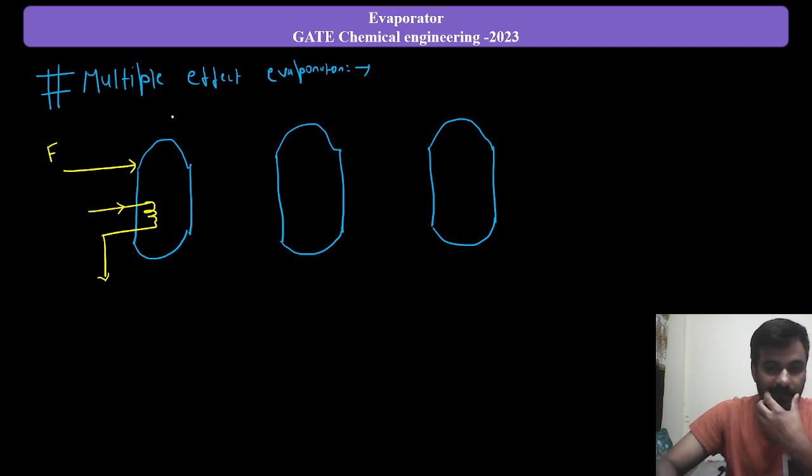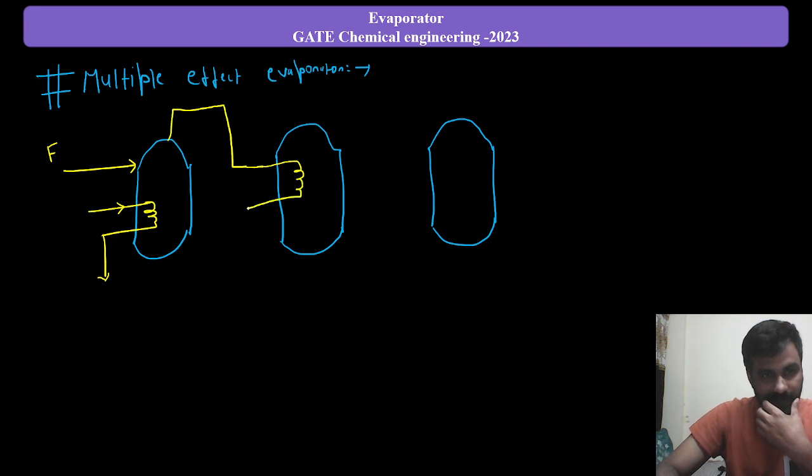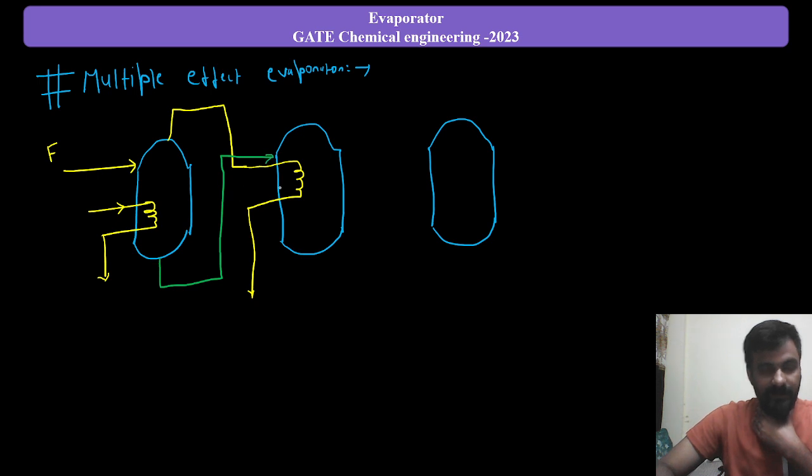The vapor from here will go to this effect for heating, and the bottom of this, the concentrated liquid, will go as feed for this second effect evaporator, right?